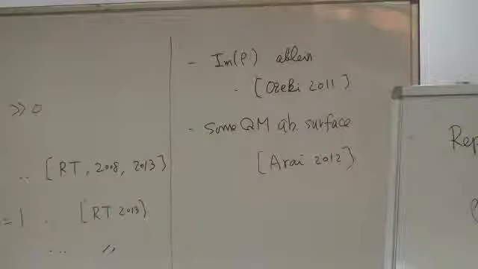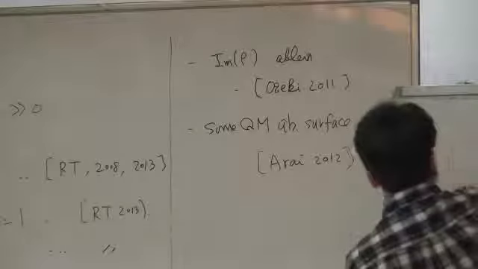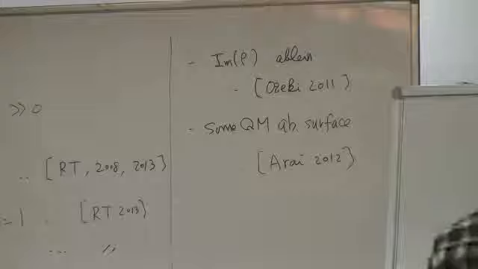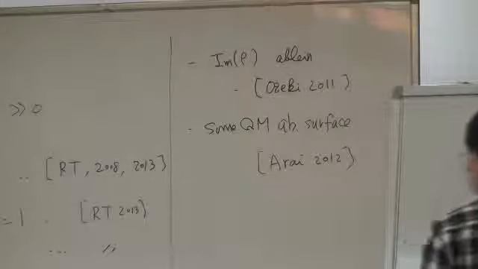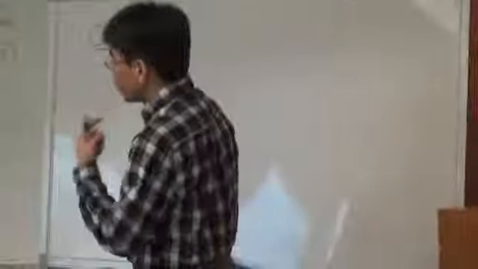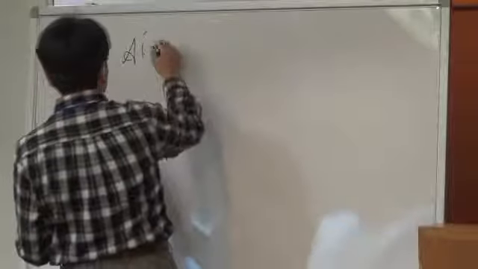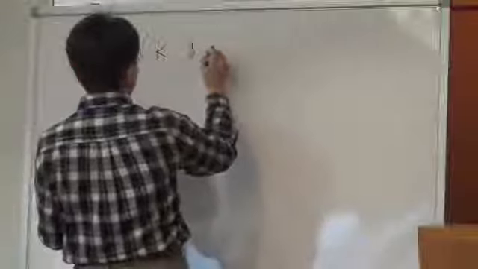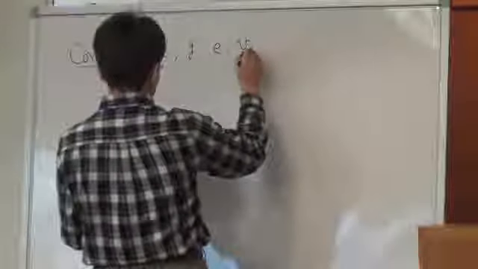And our theorem is a kind of systematization of Ozeki's method. A corollary of our theorem is the following. We generalize somewhat. So K, g, e, v, l.